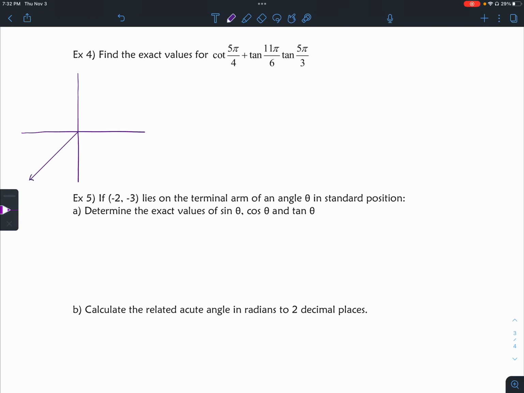It's in the third quadrant. It's 225 degrees. Okay, so that's 5 pi over 4. Now the related acute angle is pi over 4. So this would be negative 1. That would also be negative 1. And then this is going to be root 2.